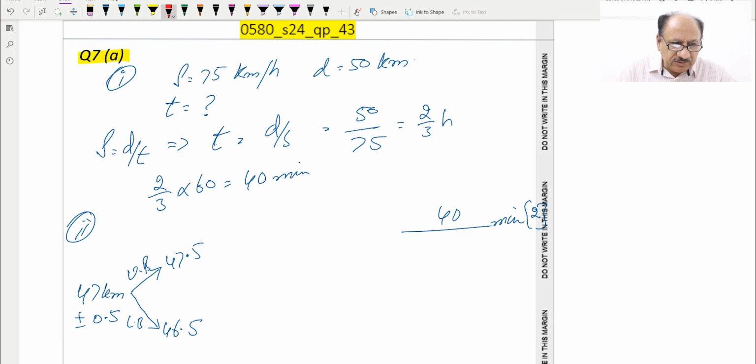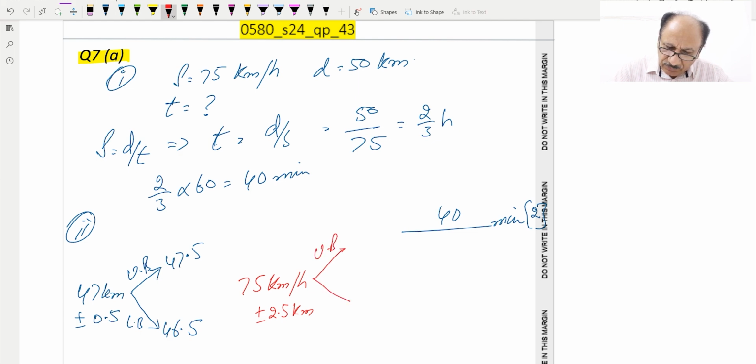And then it is saying the average speed of this car is 75 kilometers per hour, correct to the nearest 5 kilometers. So half of 5 kilometers will be what, 2.5. So plus minus 2.5 kilometers we need to add and subtract to get the lower bound and upper bound.